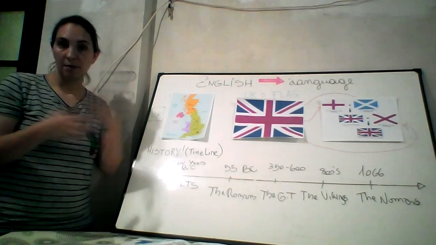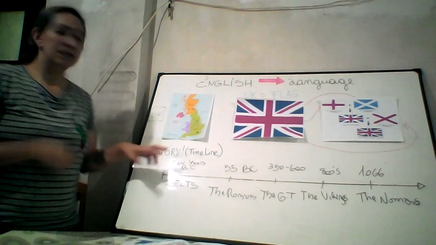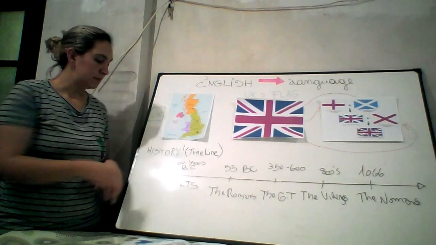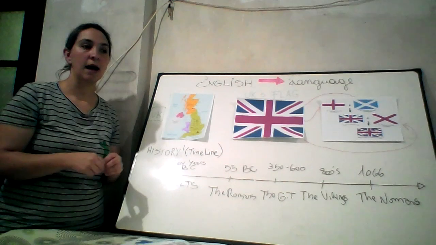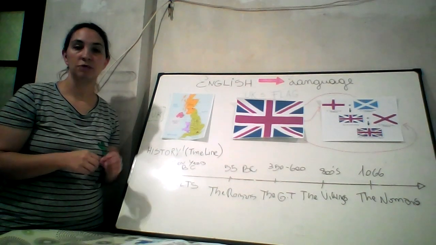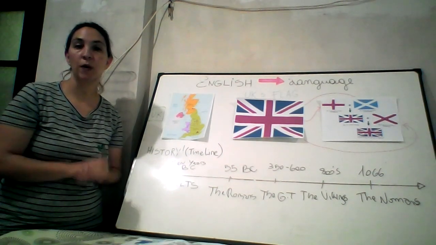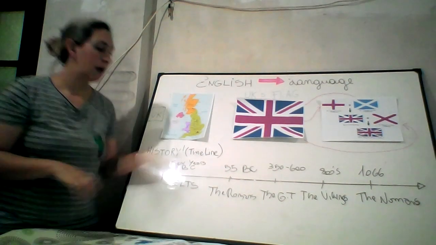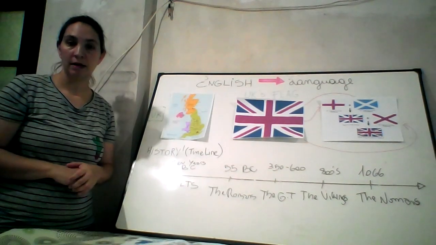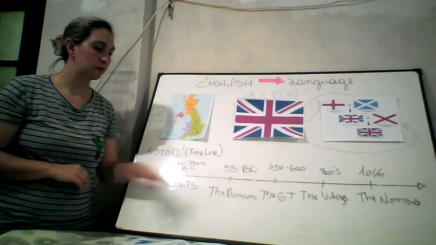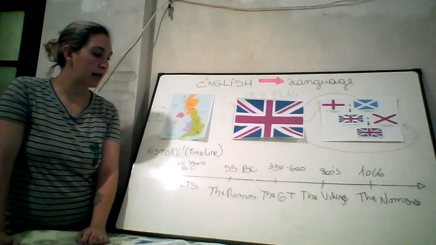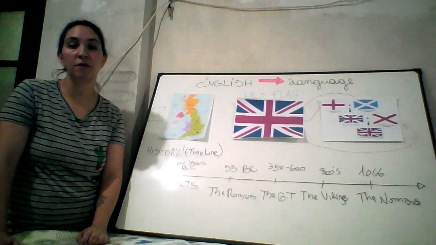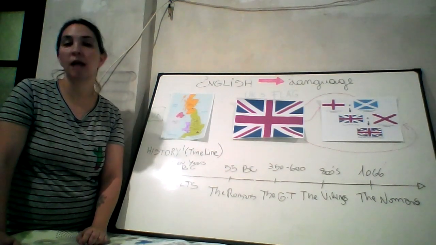Several years before Christ, Celts settled in Britain, and they came from Central Europe, and they spoke Celtic. 55 years before Christ, the Romans conquered Britain. Latin became the official language, and Celtic was the language of the people.